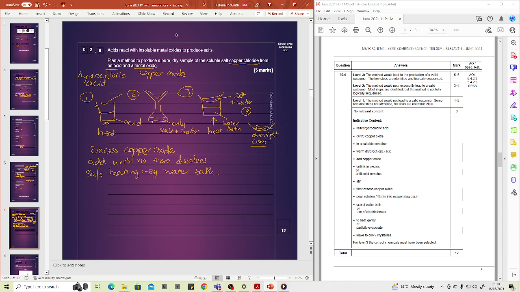When you've got your residue left behind, you can say what the residue is. Unreacted copper oxide. And then how long do you heat it? So evaporate until solution is saturated.